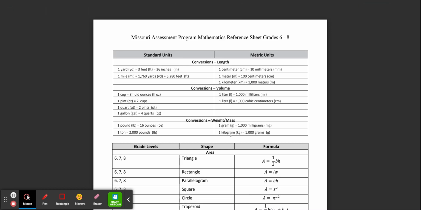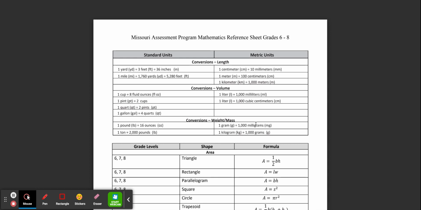Notice that sometimes grams is mentioned here and here. It might be in more than one spot depending on if your unit is getting bigger or smaller. In this case, 1 gram is bigger than a bunch of milligrams, but here, 1 kilogram is larger than grams.